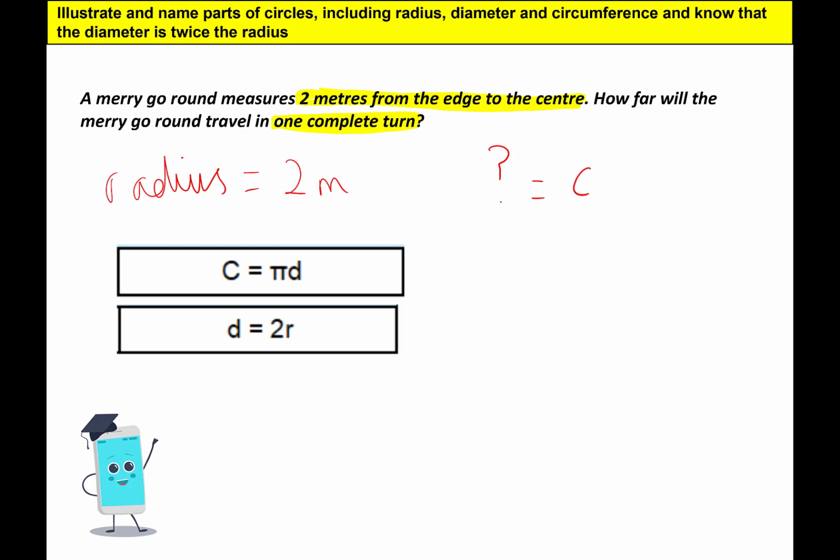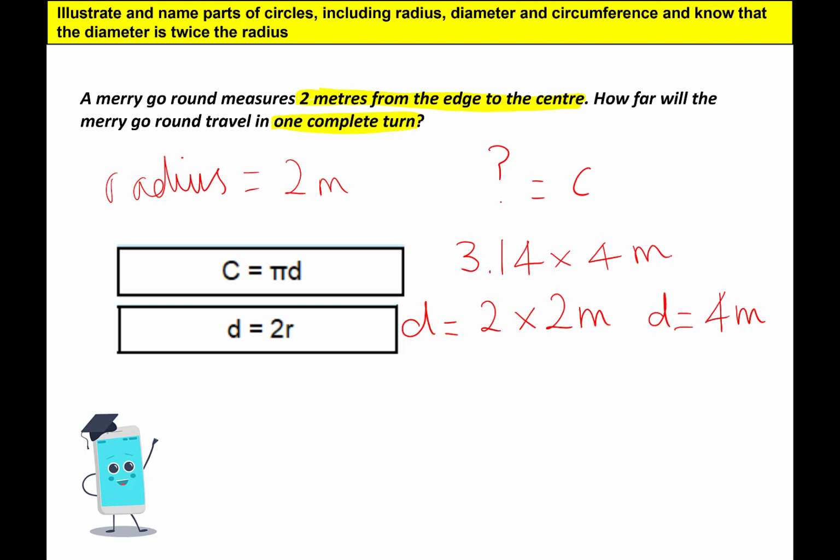We have the radius. So let's begin. The diameter is 2 multiplied by 2 meters. So the diameter is 4 meters. Okay, now that we have a diameter, we can substitute into the first calculation. So we can do 3.14, which is pi, multiplied by the diameter, which we've calculated to be 4 meters.